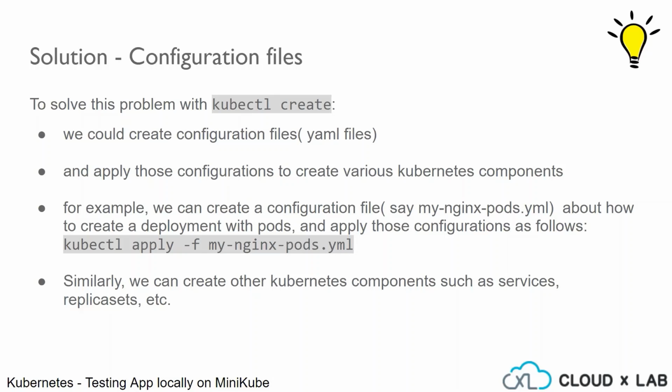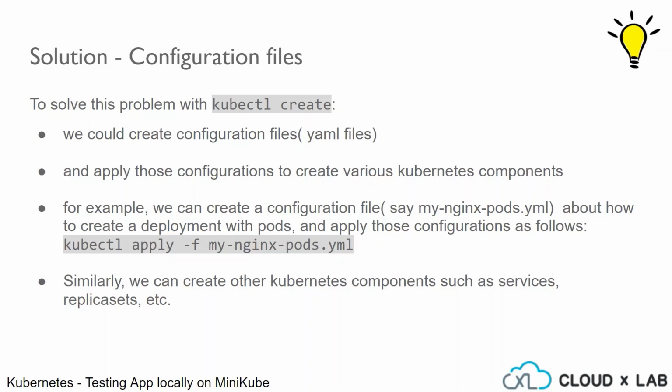Here comes the use of configuration files as the solution to solve this problem. We could create configuration files, which are YAML files, preferably, and apply those configurations to create various Kubernetes components.